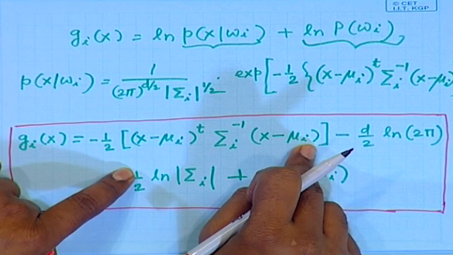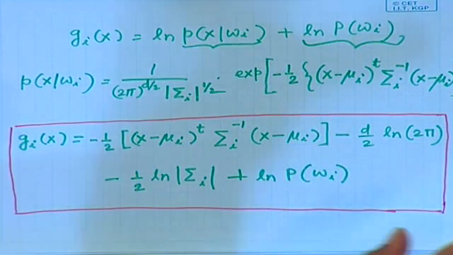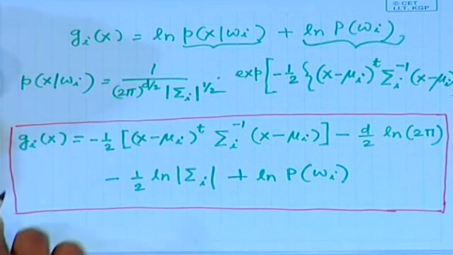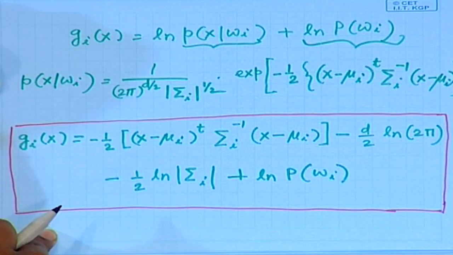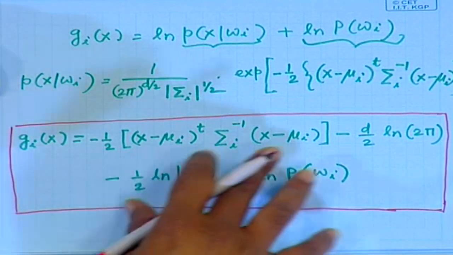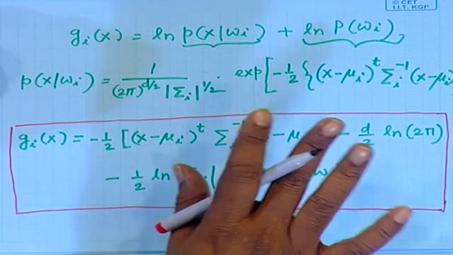When I want to compute the decision surface between two classes omega i and omega j, the decision surface will actually be a quadratic surface. It is not a linear surface. So this classifier can take care of linearly non-separable classes. However, for specific cases, this can be converted to a linear classifier. We will talk about those things in the next class. Let us stop here today.